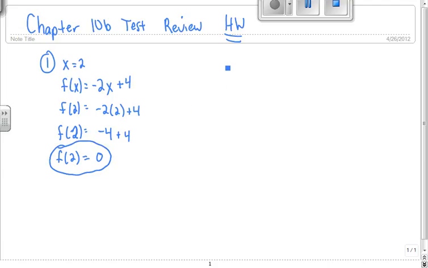Okay, problem number 2 asks us to evaluate when x equals negative 6, f of x, in this case, is equal to the absolute value of x minus 2. So to evaluate an absolute value, we simply plug in the value of x.